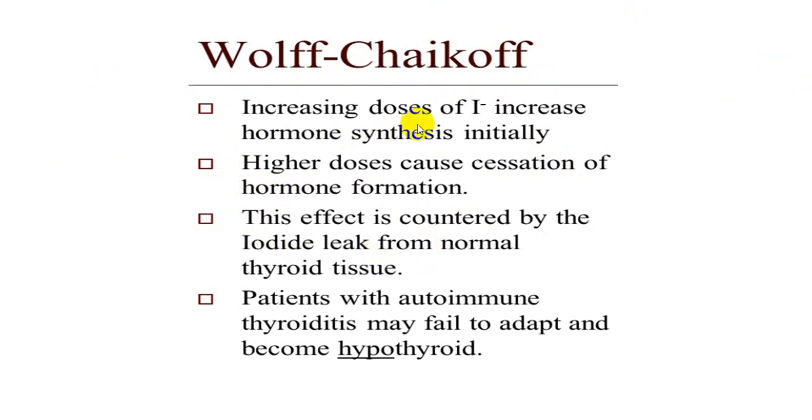So initially the hormone synthesis is increased, but a very high dose can block the hormone formation, and you can have an iodine leak from normal thyroid tissue, and this is called autoregulation. A patient with autoimmune thyroiditis may fail to adapt to this particular mechanism and becomes hypothyroid. So in autoimmune thyroiditis, the person will become hypothyroid because of destruction of thyroid tissue.